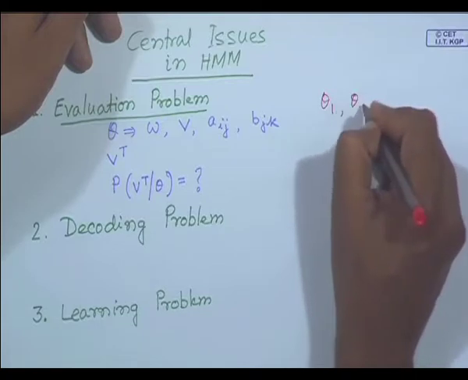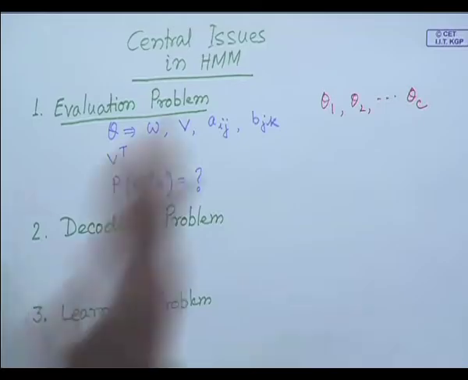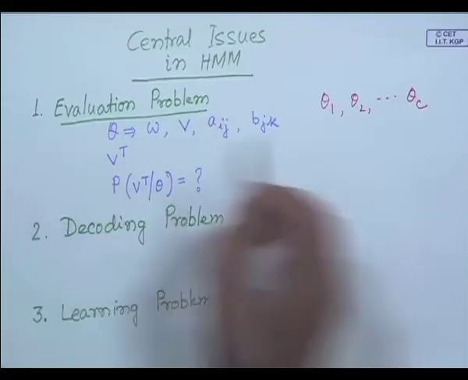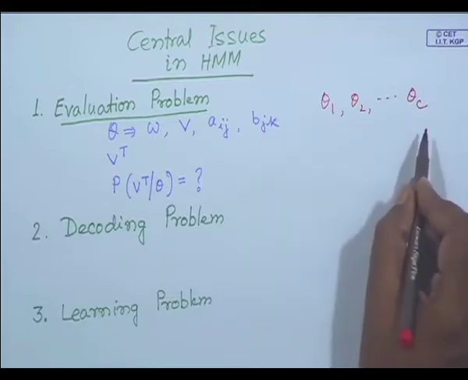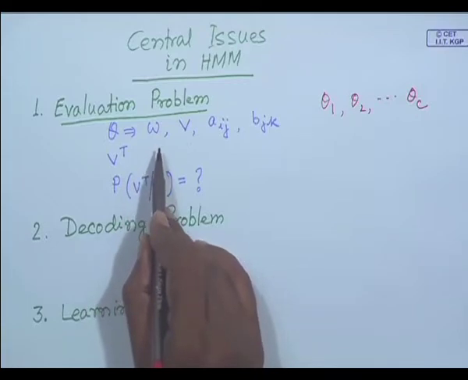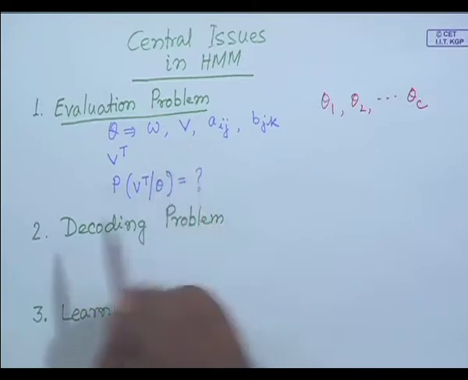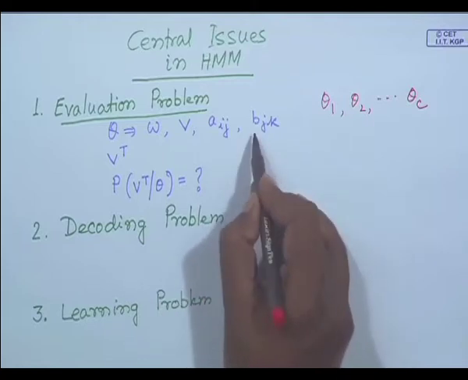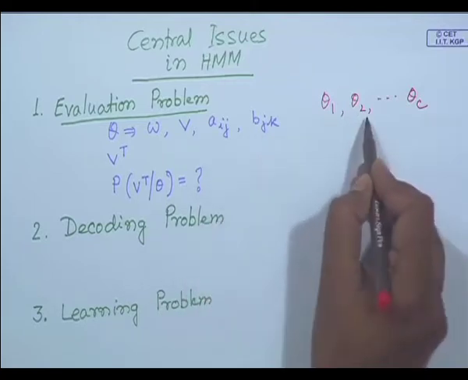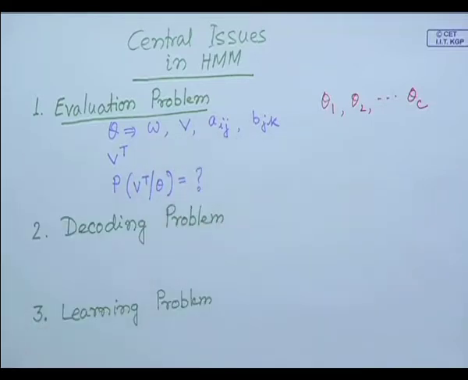If the input sequence is to be classified into one of the C classes, for every class I have to have a hidden Markov model. Every theta will have its corresponding omega, that is the set of hidden states, its corresponding V, the set of visible states, its corresponding Aij and its corresponding Bjk. Theta 2 will also have its own omega, V, Aij and Bjk.